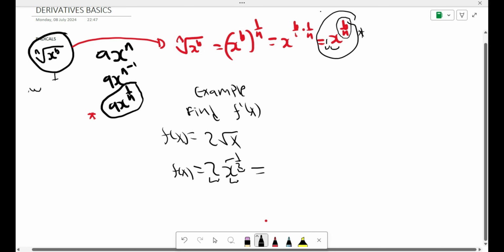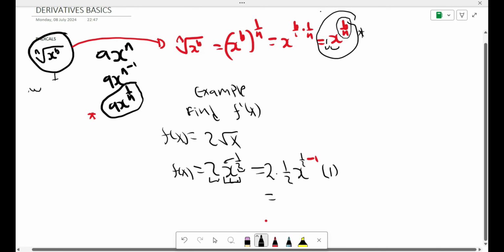We drop the exponent, so it will be 2 multiplied by half x, and from that exponent we subtract 1. Then we differentiate the inside. The derivative of x is nothing but 1.